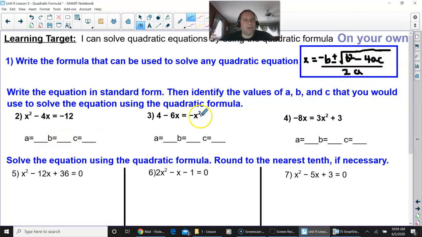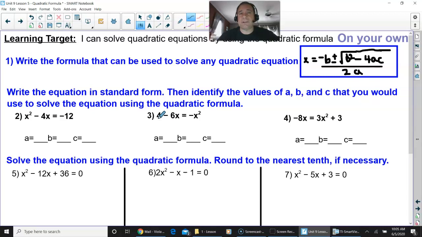All right, so identify the values. Pretty quick. Let's do 2, 3, and 4 right away, and we'll come back with those answers. You could press pause now. You don't have to solve them. Just put what A, B, and C is down for each one. Remember, they have to be in standard form, and none of these are in standard form right now.